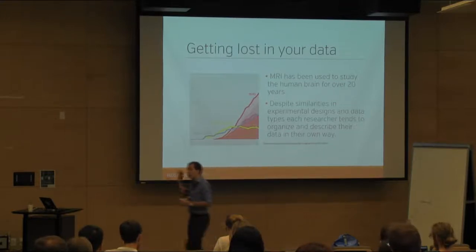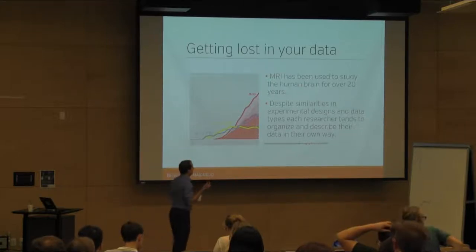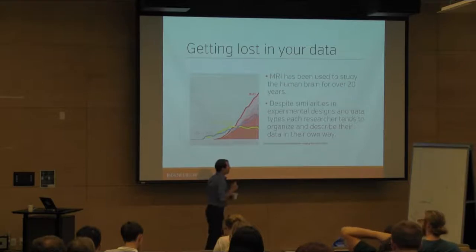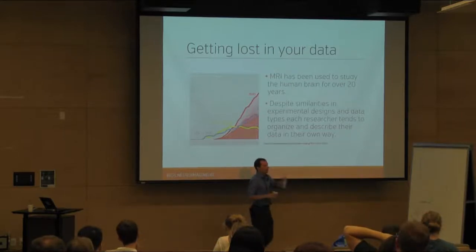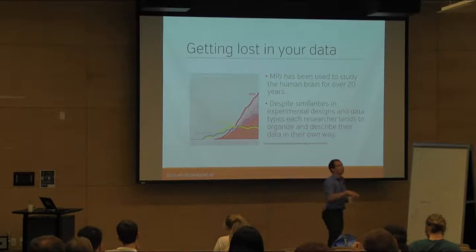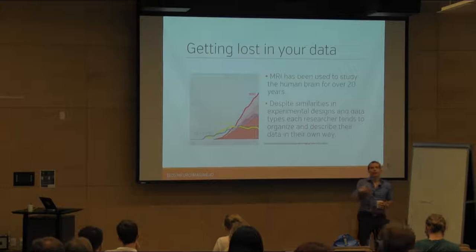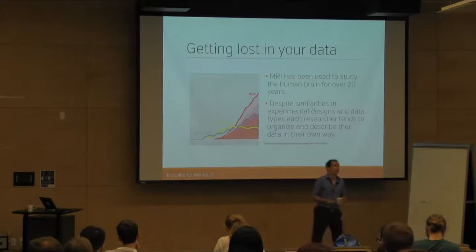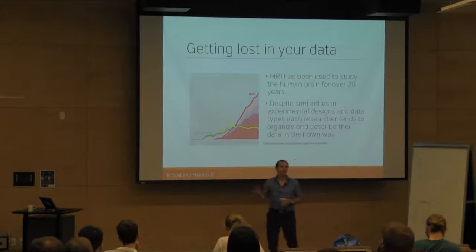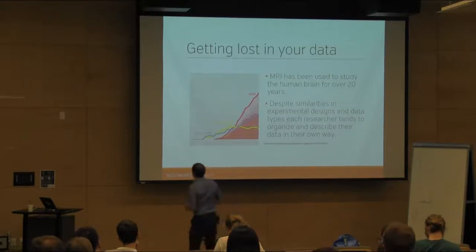So there's a lot of data coming in, but what is very interesting about MR specifically, and what actually made us hopeful that we can come up with some standardization, is that there are 4 major MR scanner manufacturers. So most of this data is coming from a limited number of sources.